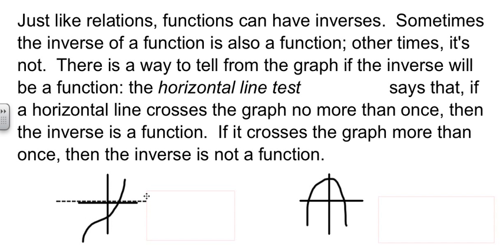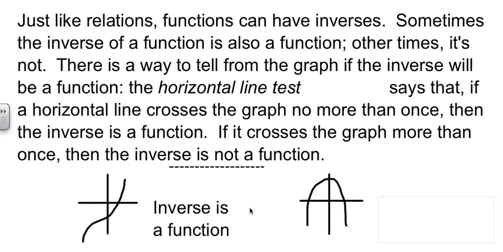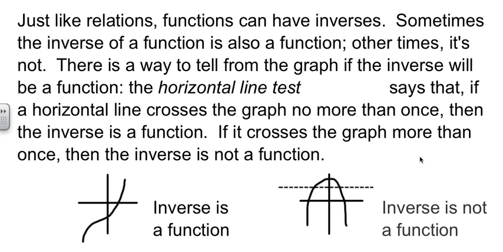All the way through, it never crossed more than once. So the inverse of this one is a function. Now this guy, my horizontal line is crossing this function twice all through here, right? So this one, the inverse is not a function.